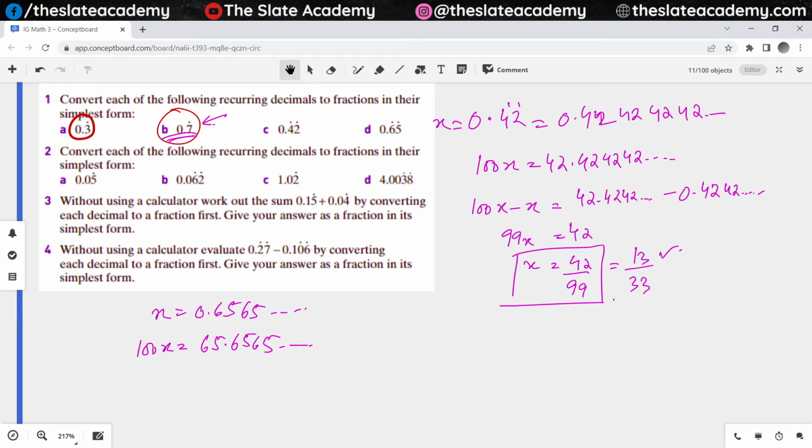And then we subtract the two equations. So we say 100x minus x will be equal to 65.6565 minus 0.65 recurring. Okay. 65, 99. x is equal to 65 by 99.